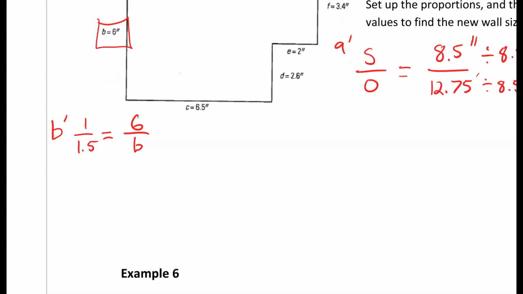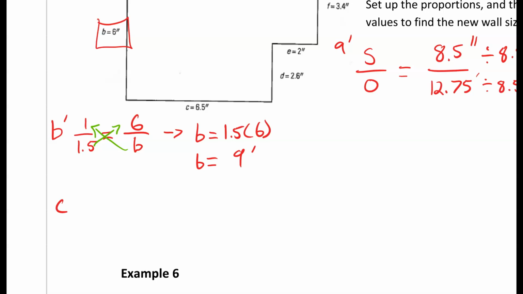So we do our cross multiplication of multiply and multiply. And what we're going to get is B equals 1.5 times 6. So B equals 9. And that's going to be 9 feet. So that's what the original would be.